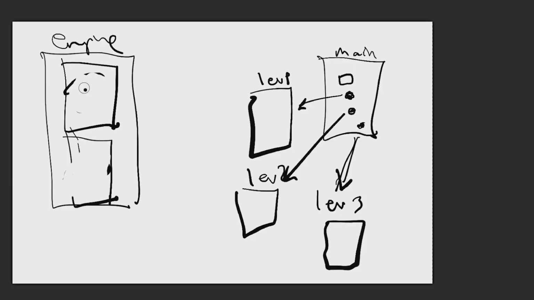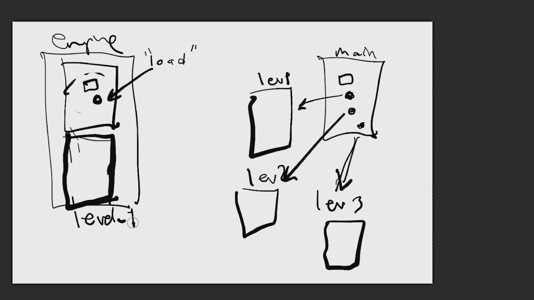So I can just really quickly draw what's happening here. We have the main collection, there's our loader here with the proxy, and we send a message to the proxy that says load, and then it will pull in the level collection and create a new world with the name level 1 that we set.